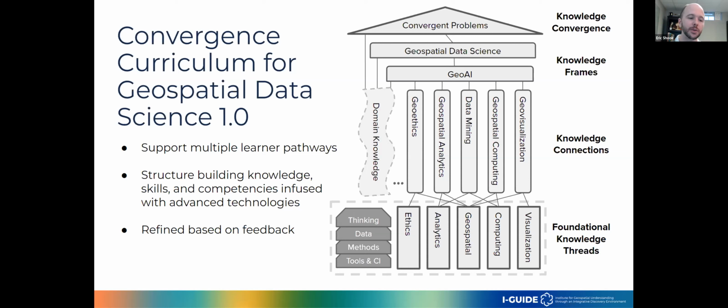One of the motivations for the curriculum is to narrow it down so that it's actually achievable. One of the key contributions that we feel we can make is having one pathway through geospatial data science. This is kind of an enabler that allows us to tackle convergent problems in a different way than if you were to route it straight through, let's say, a social science-based methodology.